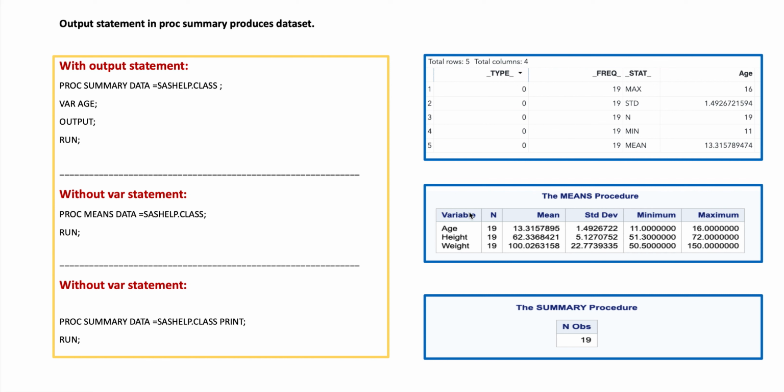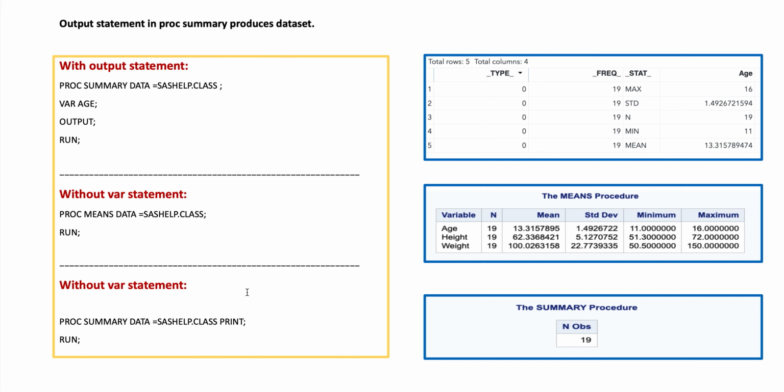In the variable section, it has 3 variables: age, height, and weight. These 3 variables are numeric variables in the class dataset. That's why by default it produces statistics of all numeric variables.